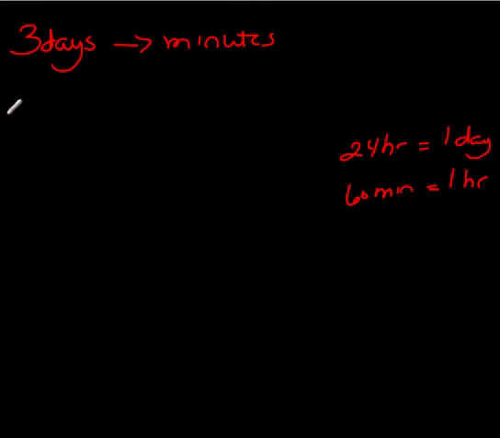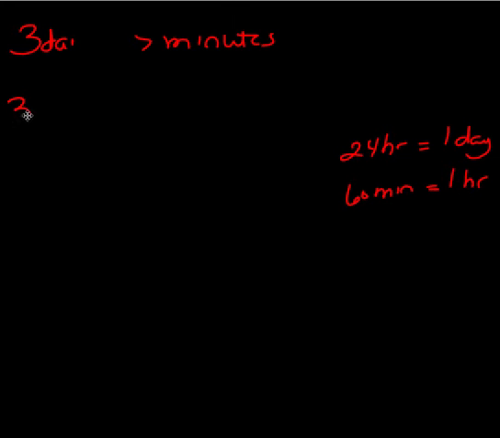All right, so I'm going to start with 3 days. Because this is not a rate, our denominator is simply going to be 1. It's not going to have a specific unit underneath it.